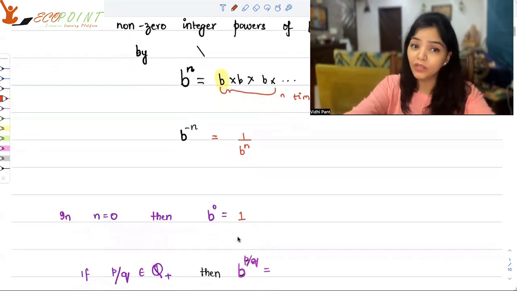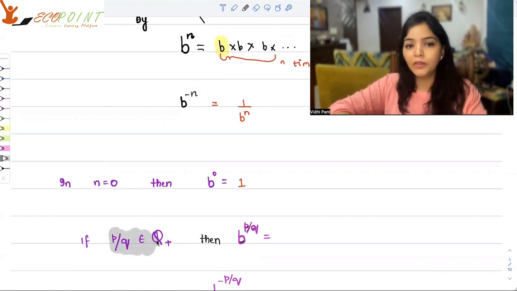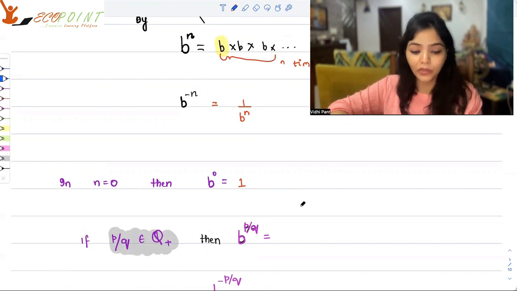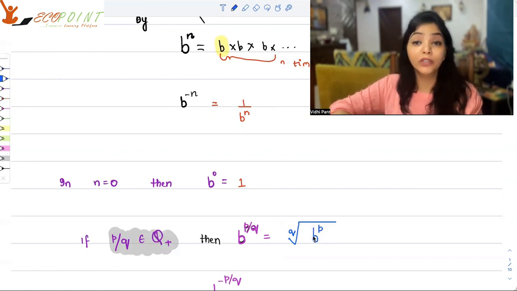We can even define this power for some rational, say p by q is a positive rational number. So p by q belongs to Q plus. Then b to the power p by q can also be defined. And that essentially would mean that you're taking the qth root of b to the power p, right?